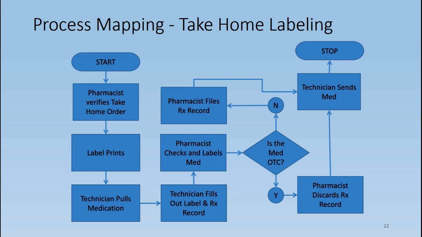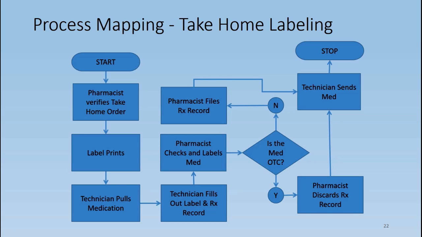Technician fills out the label and the prescription record. Pharmacist checks and labels the med. Then, is the medication over the counter or not? If it's not, the pharmacist files the record. Technician sends the medication and we're done. If the medication is over the counter, they discard the prescription record and technician sends it. Okay, real simple process map.